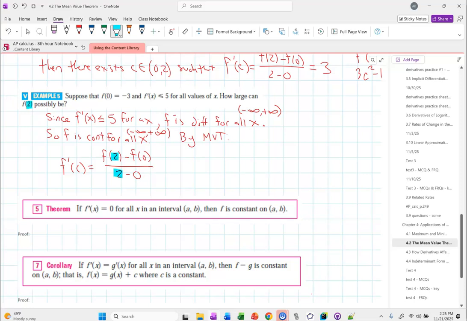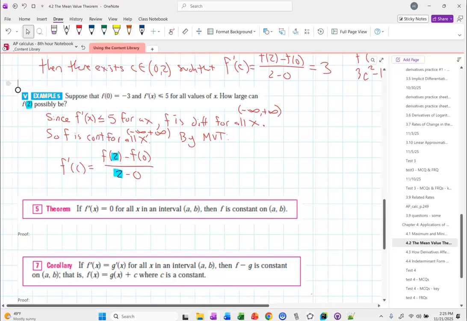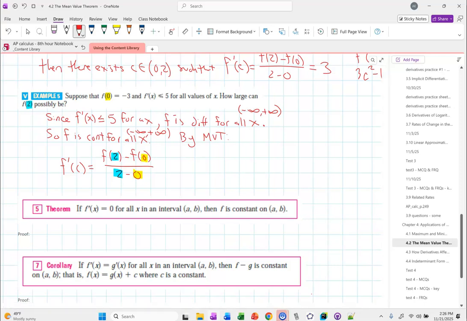Because I want to know about f of 2, and I have f of 0. Everybody agree? So f of 2 I want to know about. F of 0 is negative 3. And then I know that this guy has to be less than or equal to 5. So I know that 5 is greater than or equal to f of 2 plus 3 over 2.